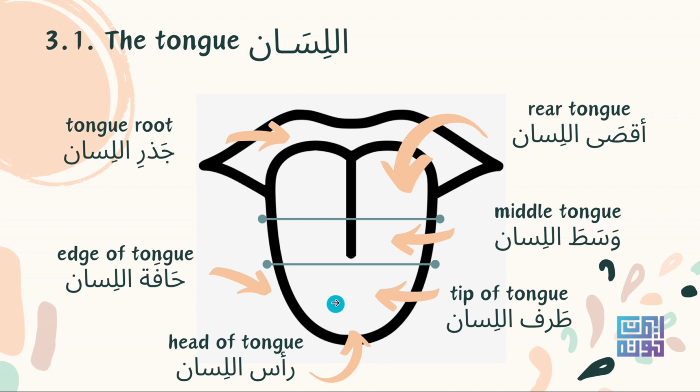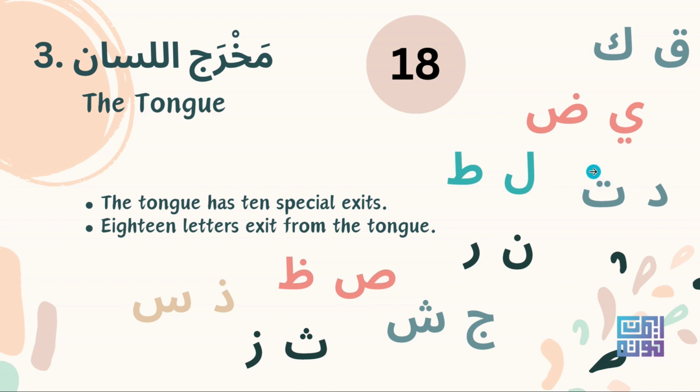Okay, now the tongue is also divided into this part, which is the tip of the tongue, the middle part of the tongue, the rear tongue, the furthermost part of the tongue, but it also has the edge of the tongue, 2 edges, right and left, and also the head of the tongue, which is this point. Okay, so let's have a look. What are the letters that are pronounced from the tongue as a general articulation area?